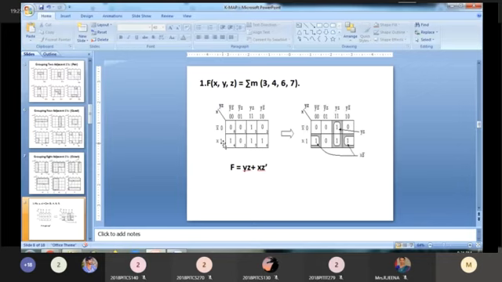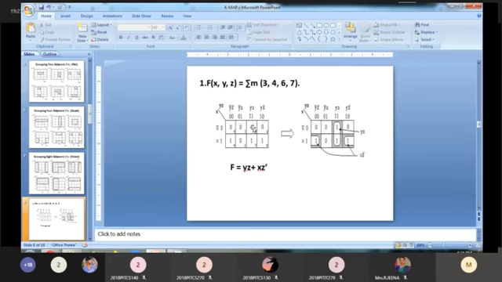Now write the values. This also we already saw: 0, 1, 2, 3, 4, 5, 6, 7. Here, whatever values are given, at those positions you have to change the value to 1. 3 means you change the M3 position to 1.